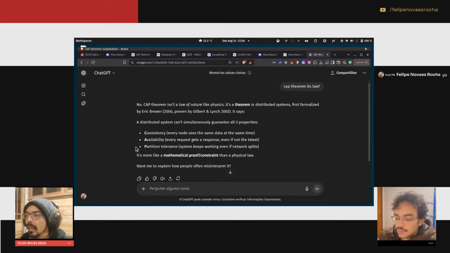So they said they have AP, so they have availability. The database is always going to respond with some data, even if it's not the last updated. And because they're using sharding or clusters, the database is going to be in parts, so we have a lot of partitions, and the system can keep working even if it's divided.